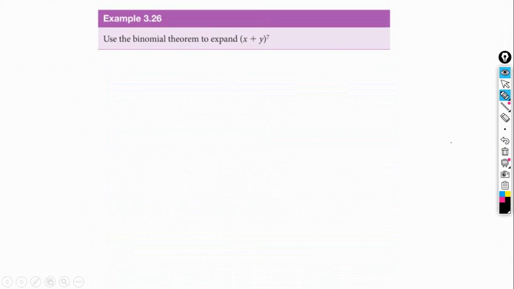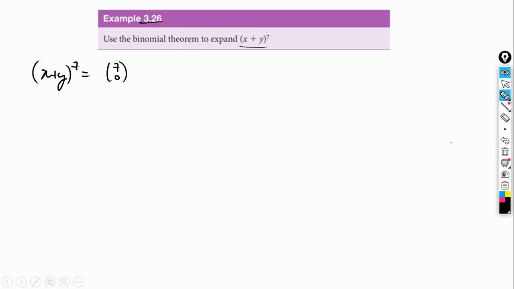So here we are in example 3.26, and it says, use the binomial theorem to expand x plus y to the 7. So remember that x plus y to the 7 is equal to, and we start with the coefficients, right?